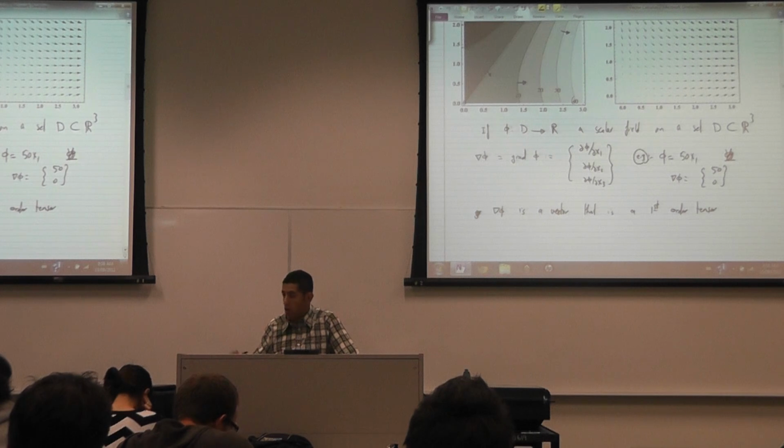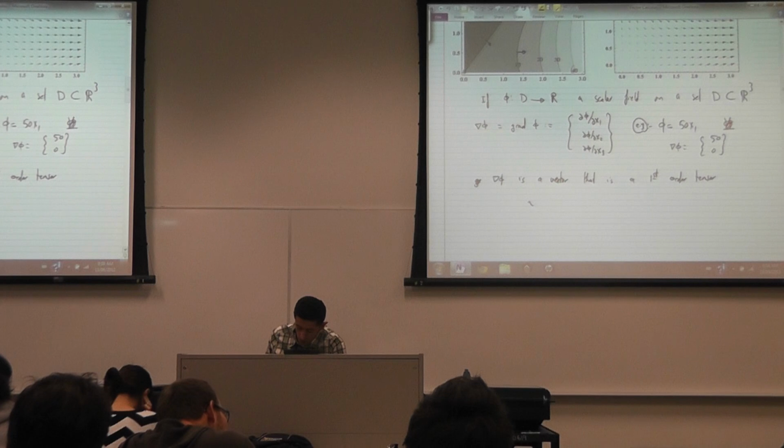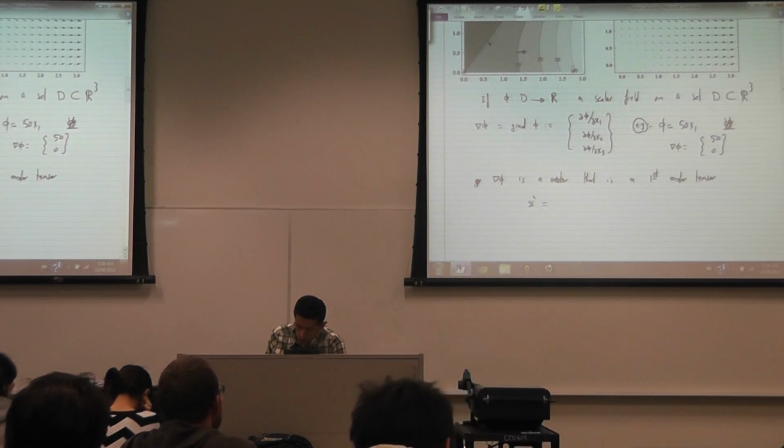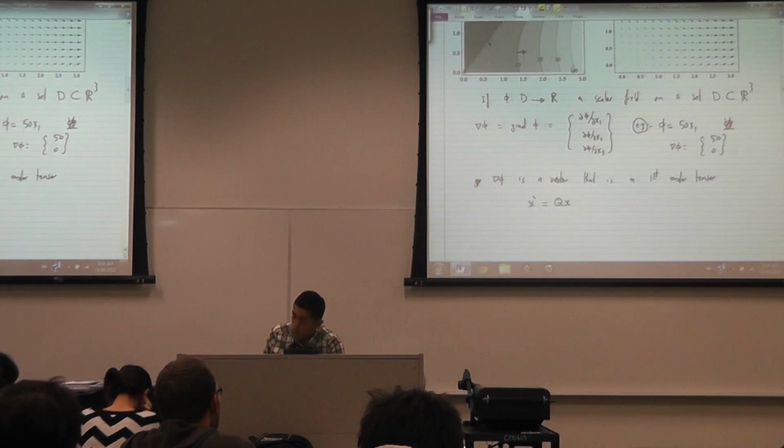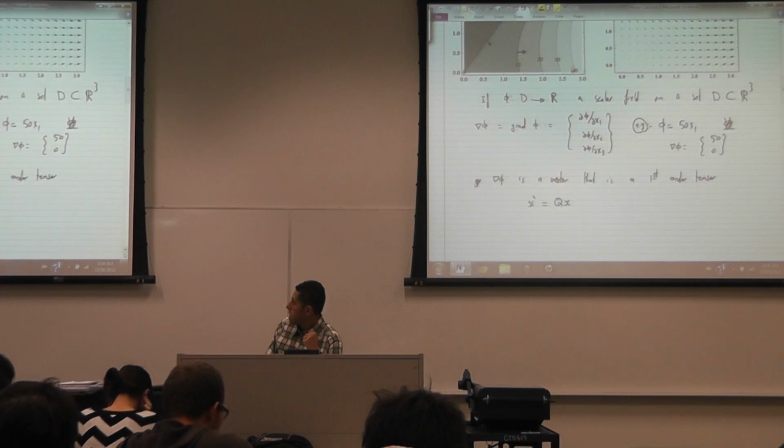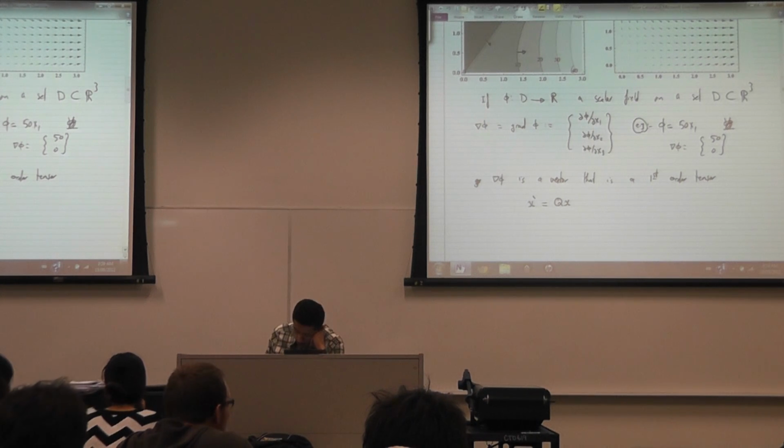Because if I change the coordinate system, if instead of x I use x prime, where x prime are the new components in the new system, you will find that the gradient of phi prime in the new system will be equal to Q times the gradient of phi.